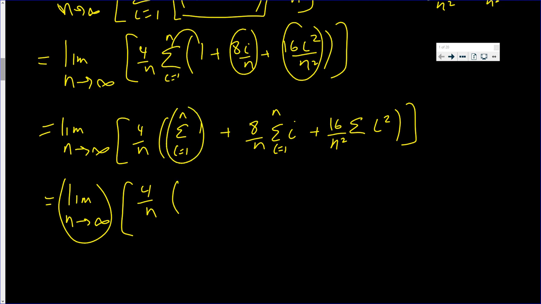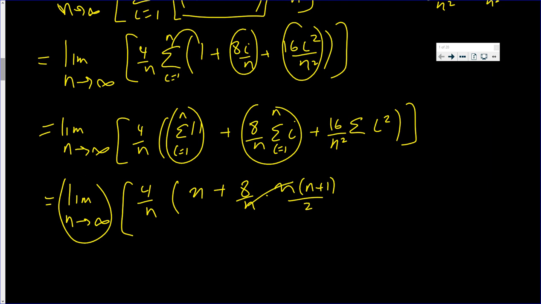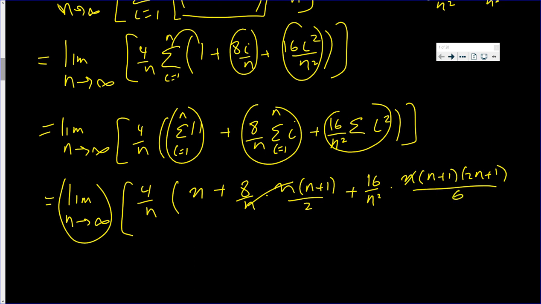The summation of 1 is just 1 times n, plus this is 8 over n times the summation of i, which is n times n plus 1 over 2, and the n's cancel, plus the 16 over n squared times the summation of i squared, which is n times n plus 1 times 2n plus 1 over 6. And this n kills off one of those two n's.